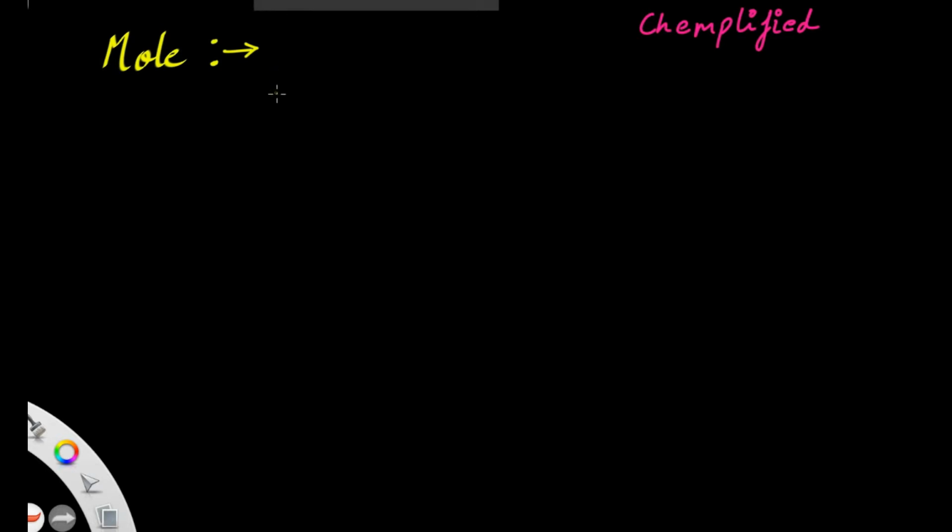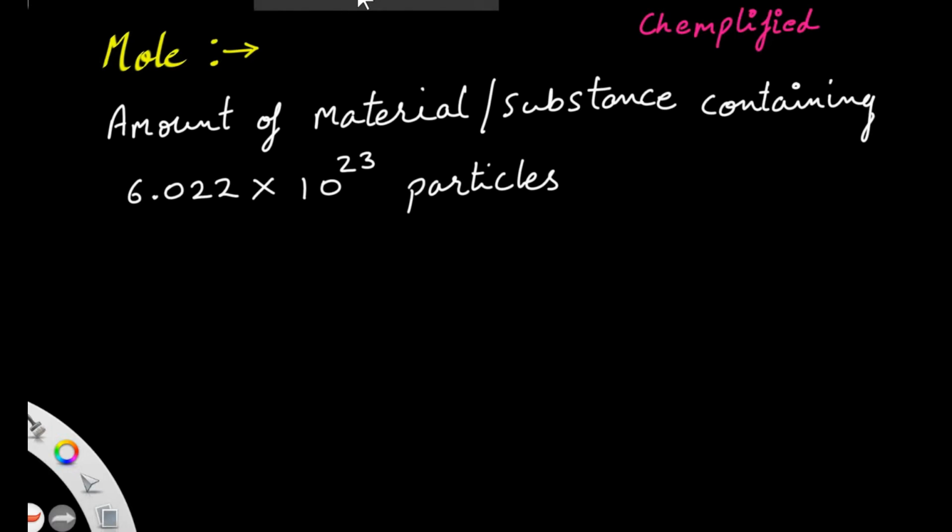In simple terms, mole is defined as the amount of material or substance containing 6.022 into 10 to the power 23 particles. In place of amount, you can also use quantity. Amount or quantity of material or substance containing 6.022 into 10 to the power 23 number of particles.